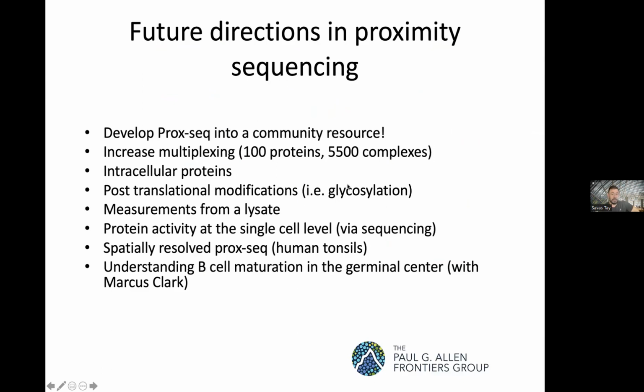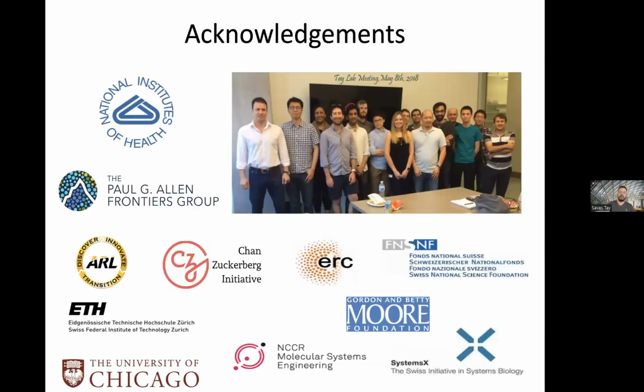We can also measure post-translational modifications like glycosylation, going into spatially resolved measurements. All of this is really to understand immune cell development in human immune tissues like the germinal center. Okay, with that, I will stop.